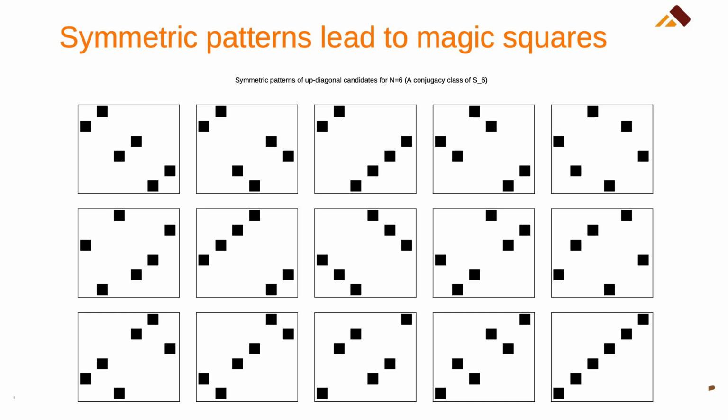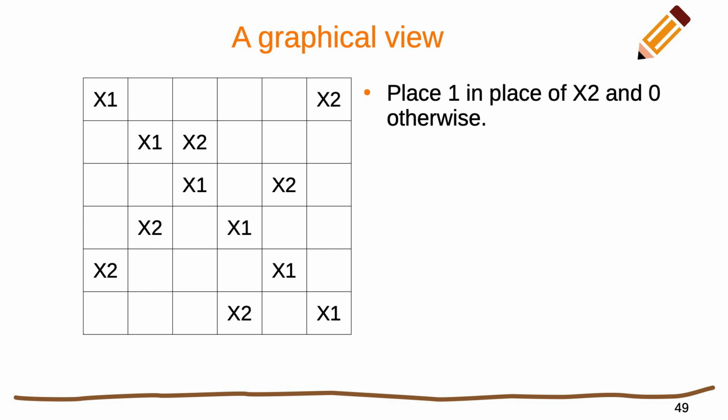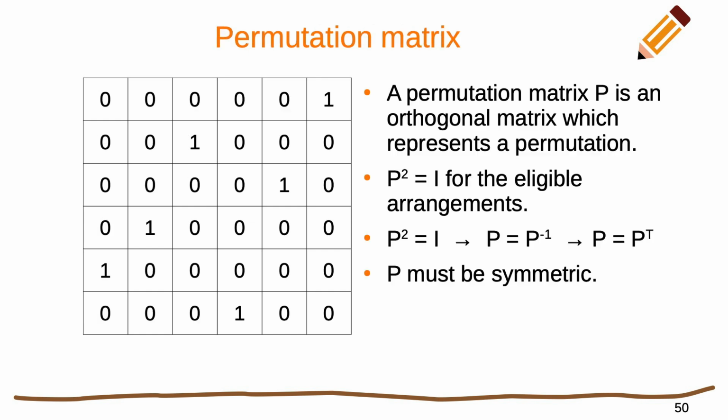Remarkably, all of them are symmetric, and this symmetry can be explained as follows. Take this configuration as an example, and replace every element of x2 with the value 1, and all other elements with 0.